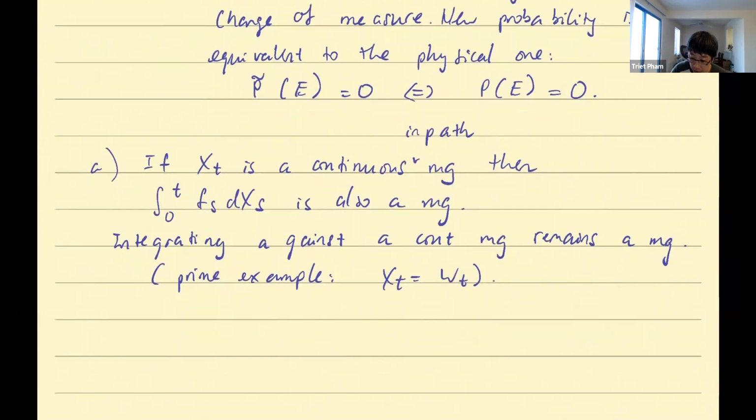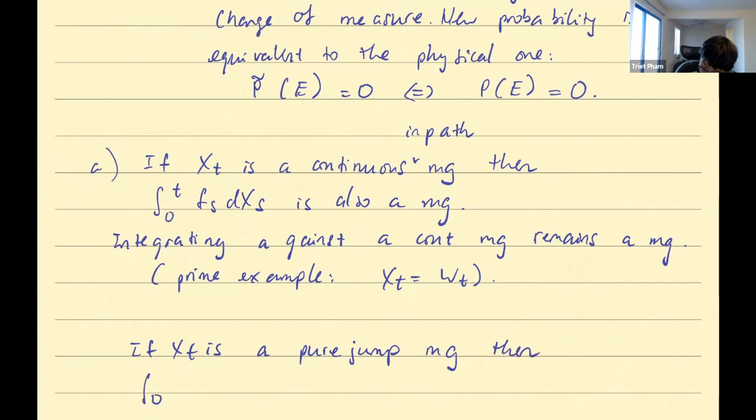The only complication that comes in is that it can be a pure jump martingale. If it's a pure jump martingale, you have to be careful.